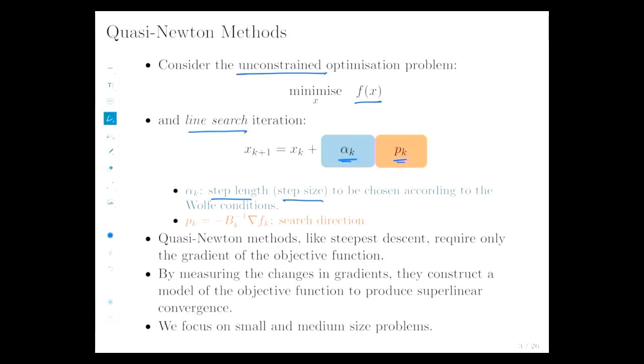I call them Wolfe conditions. Can someone tell me what they mean? Again, I don't want the exact statements of the conditions, but I want someone to tell me intuitively what those two conditions meant. Can you tell me? Limit the step size not to be too large. Yes. It's really about not jumping too far ahead and not too close that we don't gain anything.